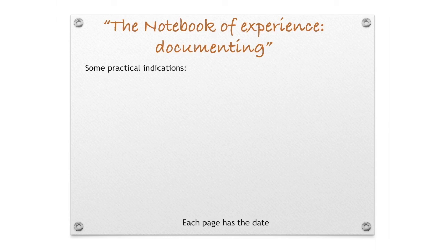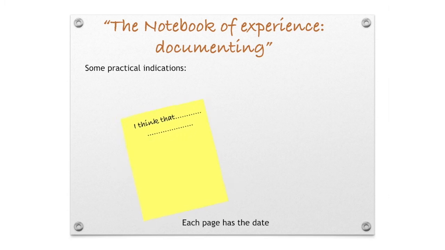Here are some practical indications to help the students to use the notebook of experience and also to help the teachers. First of all, it's important that each page has a date. In this way, the students can have an idea about how the activity is going on.